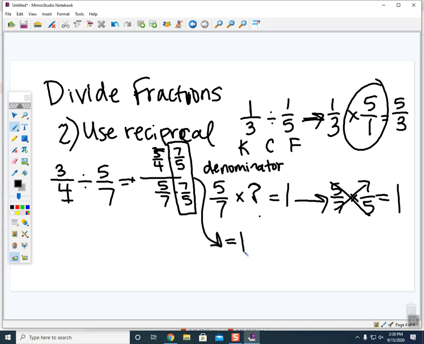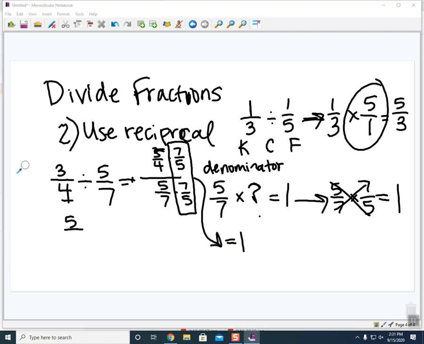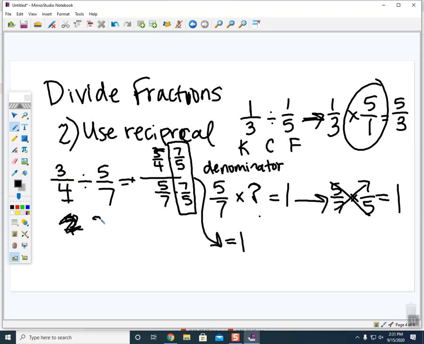So I'm essentially multiplying my division problem by 1. Now I've got 5/7 times 7/5 on the bottom, which I know equals 1. So then I'm just left with 3/4, sorry, that looked like a 5. That's my own fault. We'll just do this. I've got 3/4 times 7/5, which is going to give me 21/20.